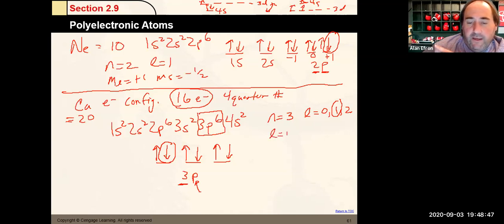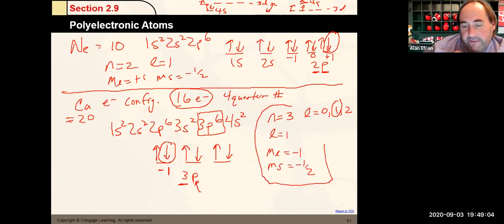So L should be 1 in this case. And M sub L, because it's hanging out over here, should be -1. And lastly, the spin on that guy is going downward, so it should be -0.5. So for that particular 16th electron right there, those technically should be the 4 quantum numbers that go with it.